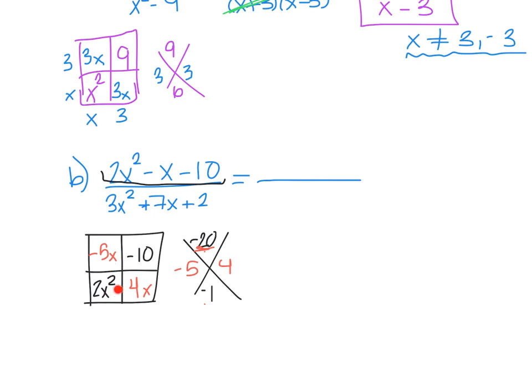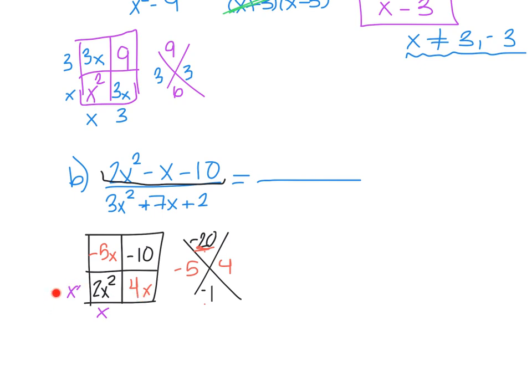Then we need to think about, how do I split my 2x squared? I know I'm going to have x on one side, or x on both sides to multiply to get the x squared. Where do I put the 2? Well, what would make more sense? Putting the 2 down here so that I had to multiply it by something to get negative 5, or putting the 2 here so that I had to multiply it by something to get 4.